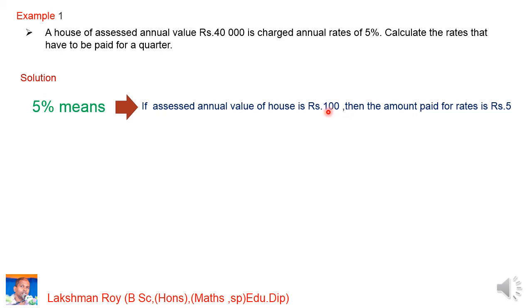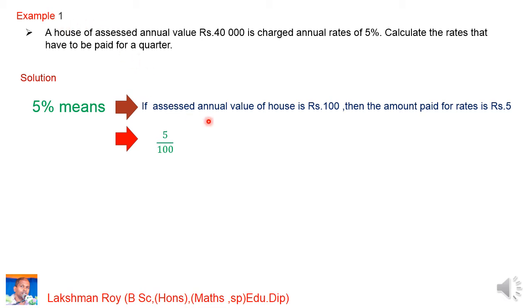For that 100 rupees you have to pay the tax, that means rate, that is 5 rupees. So that is one meaning. The other way to see the meaning of 5% is 5 over 100. So in calculations, you can use this 5% as 5 over 100. So that is easy. Let's see how to take the solution.